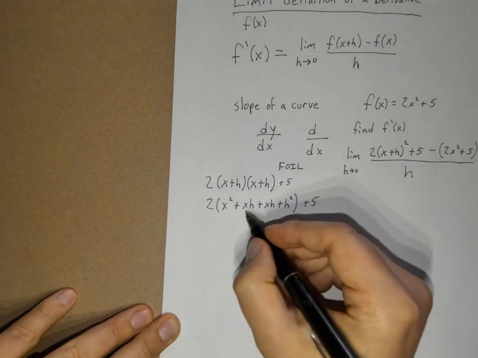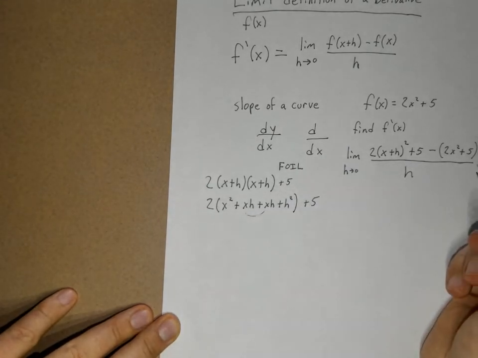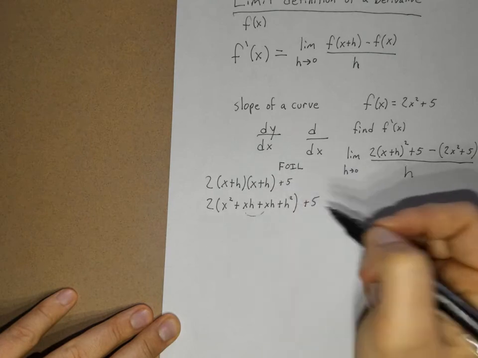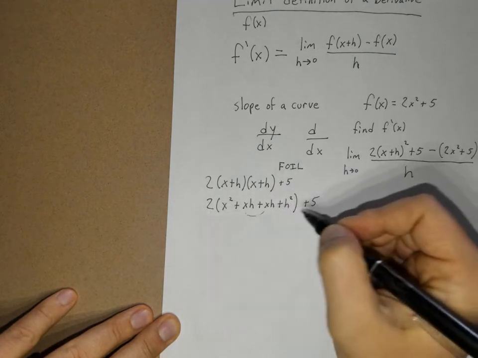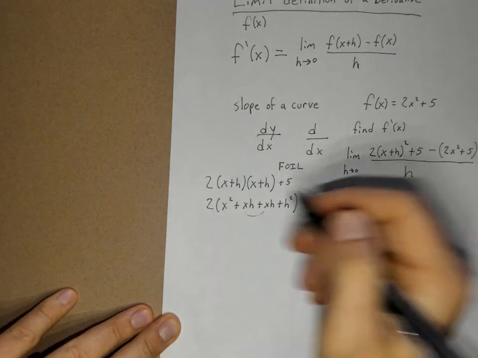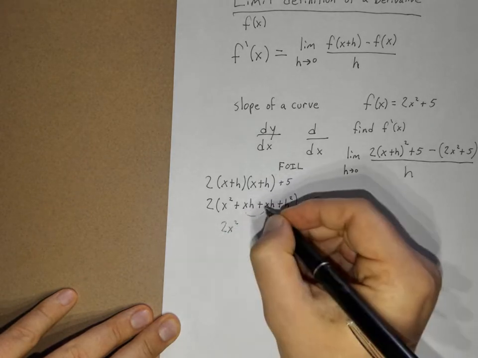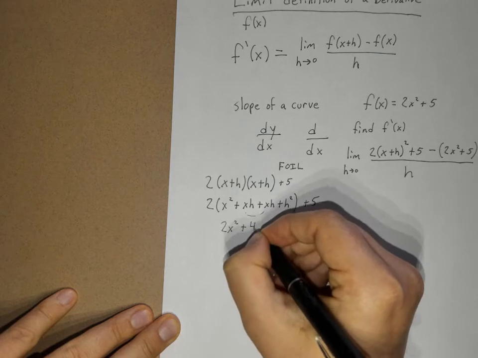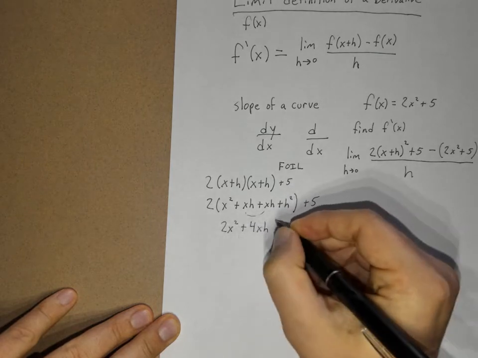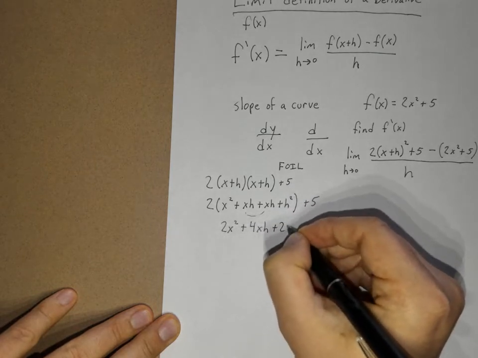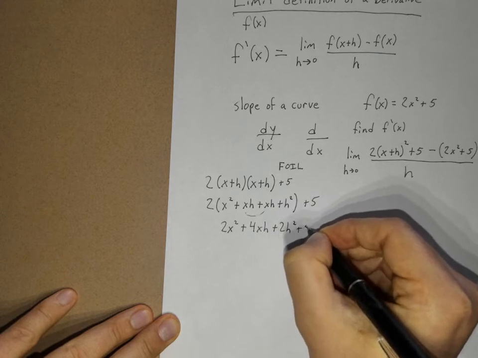Now I can either combine these and get 2xh and then distribute the 2, or distribute the 2 first and combine them. It doesn't matter. You should end up with 2x squared plus 4xh plus 2h squared, and then plus 5.